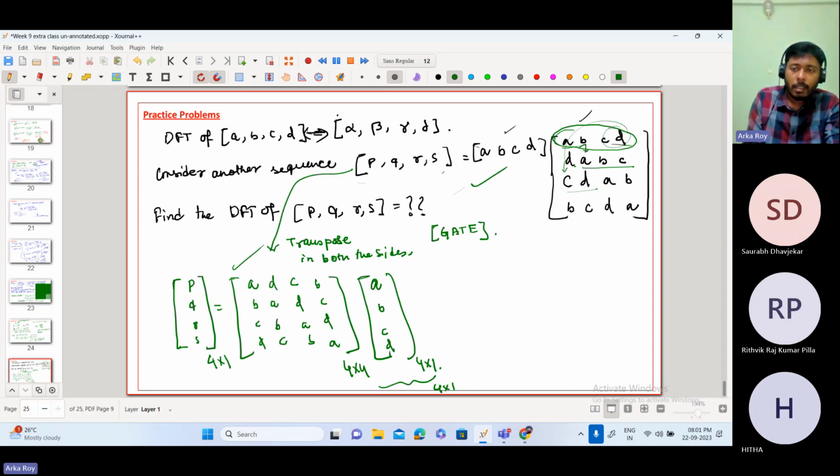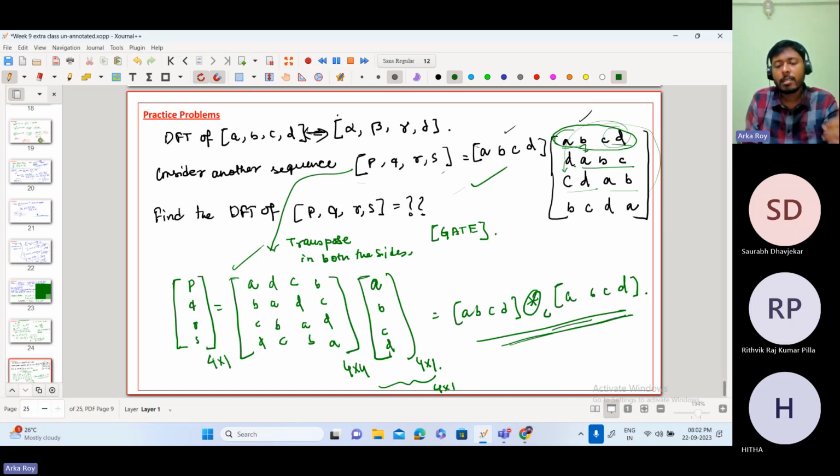So this whole operation is basically the circular convolution between A, B, C, D and A, B, C, D. You can check that you are shifting this sequence circularly, one point at a time.